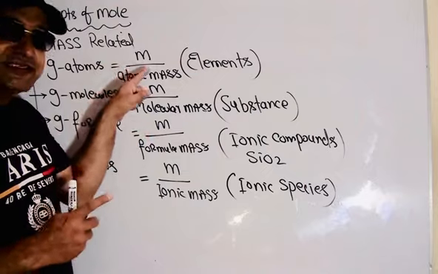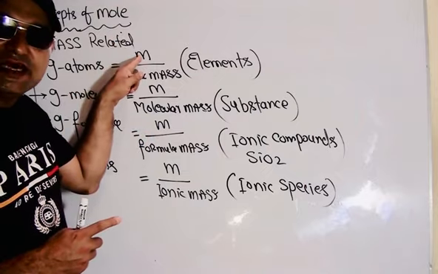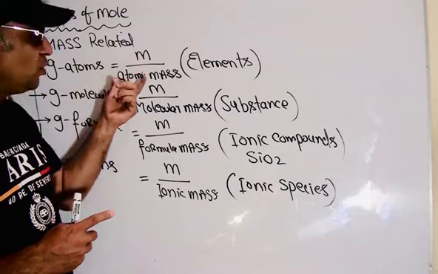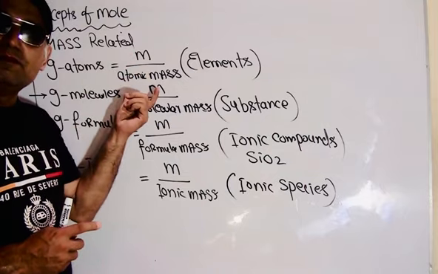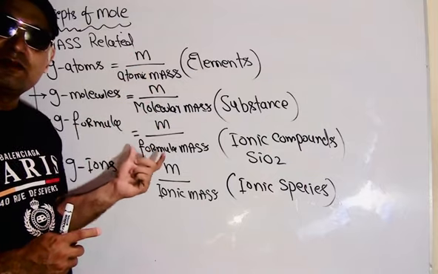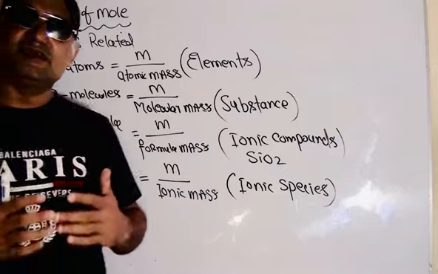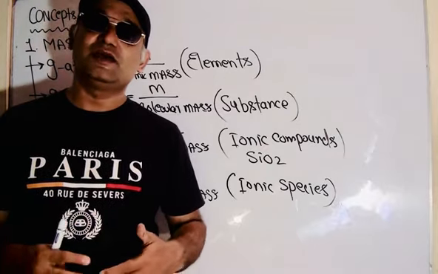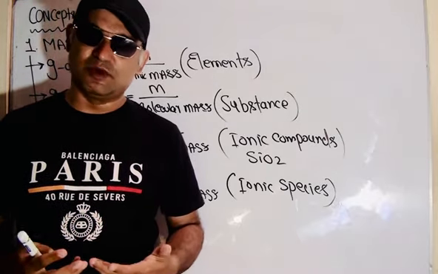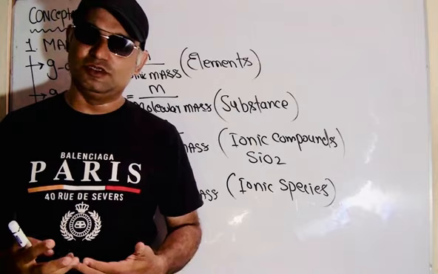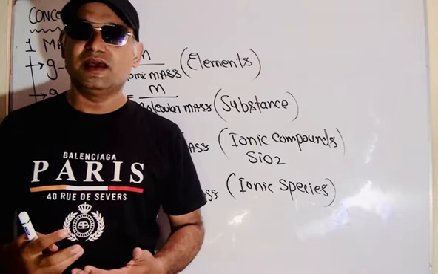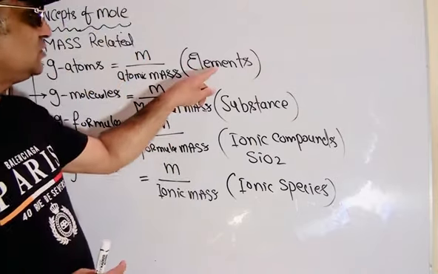We always write the given mass above and always divide it by the atomic mass, molecular mass, formula mass and ionic mass. So these are the four mass related formulas to calculate the specific moles, like gram atoms, gram molecules, gram formula and gram ions.